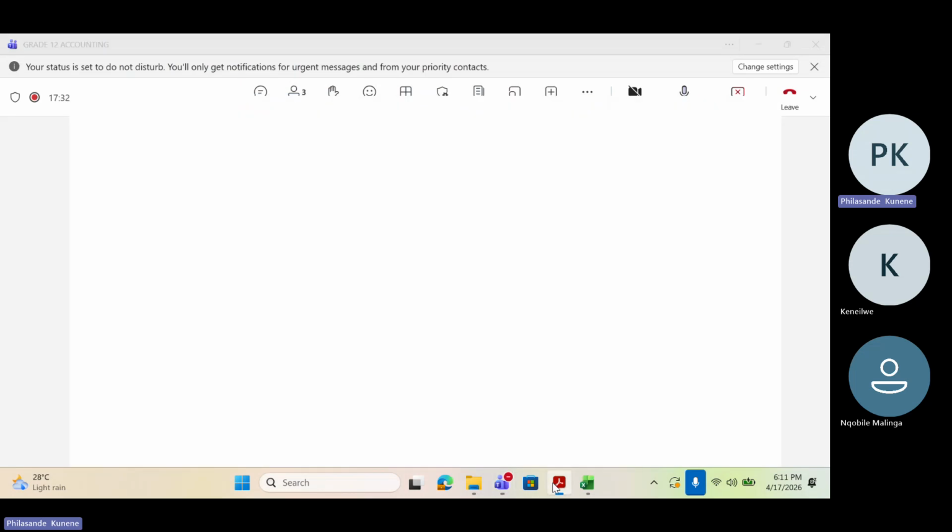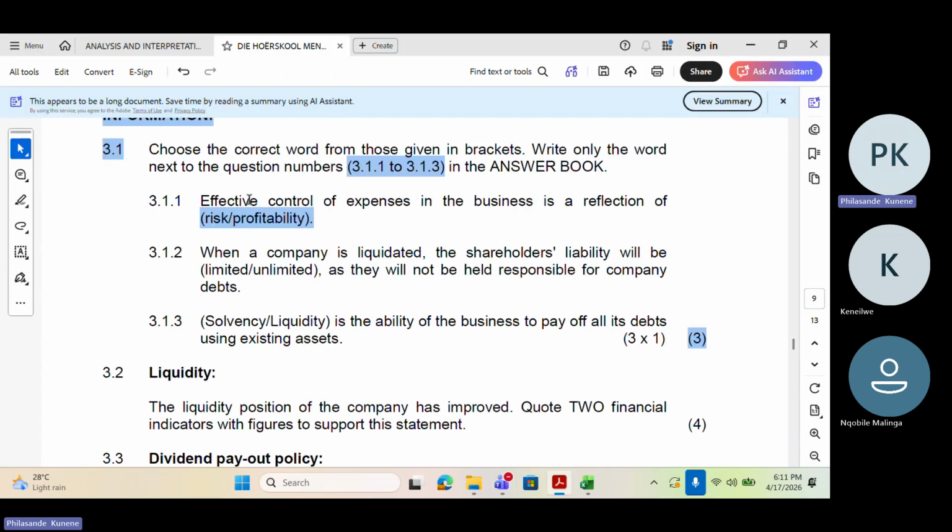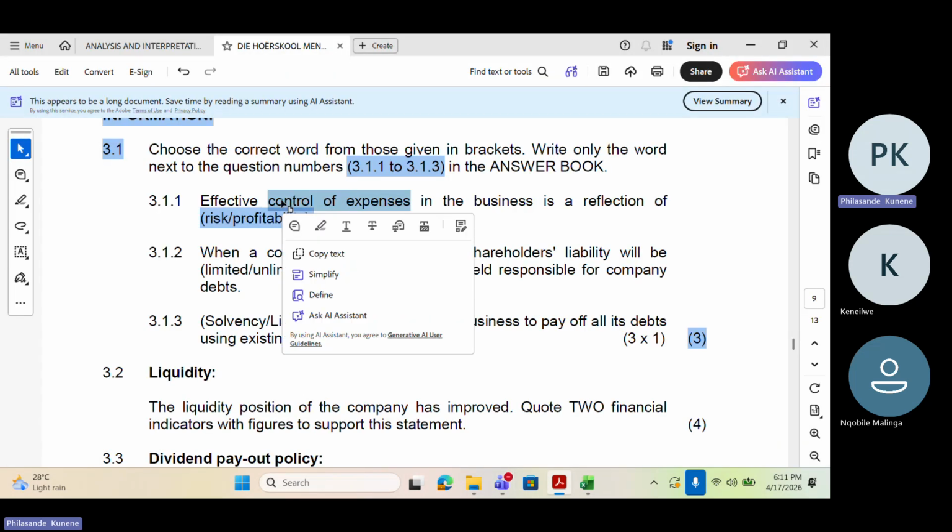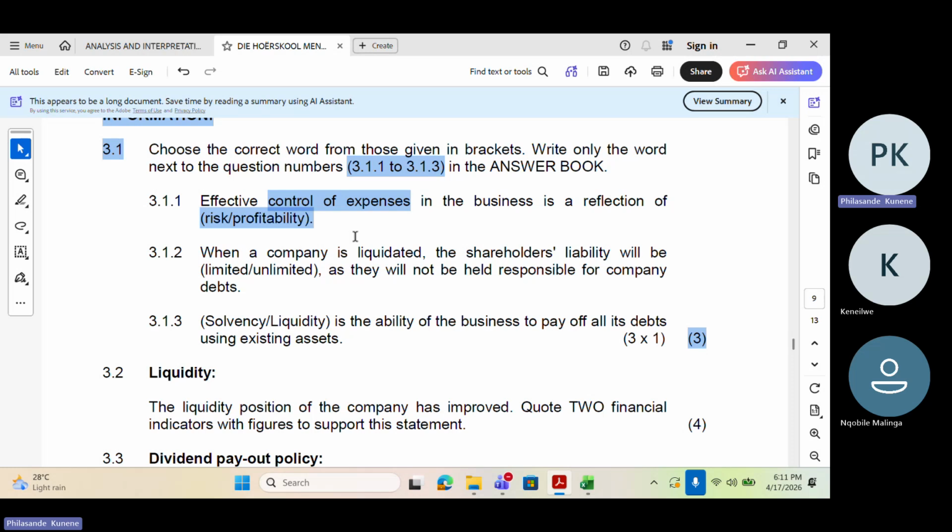Yes, that's correct. If you are able to control your expenses, definitely you're going to be profitable. That business will be profitable without a doubt. Each and every business must be able to control their expenses. A business with no effective control over expenses will make unnecessary losses, right?